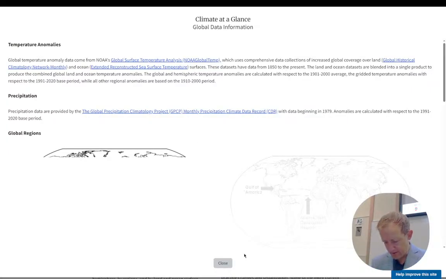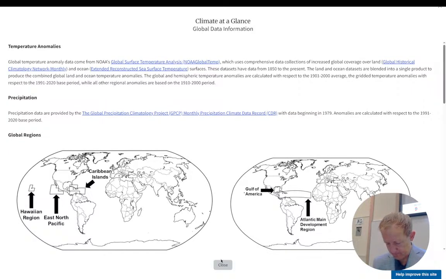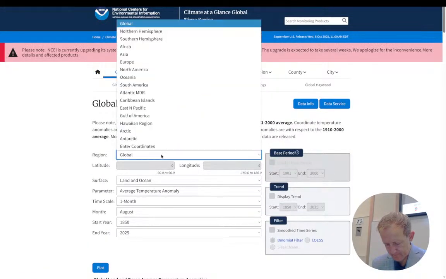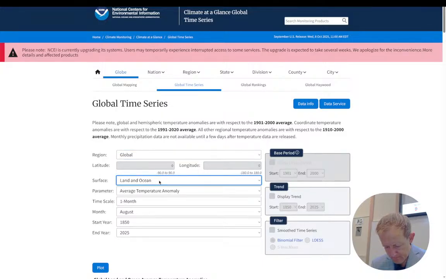There we go, temperature anomalies, and here's the average temperature anomaly.